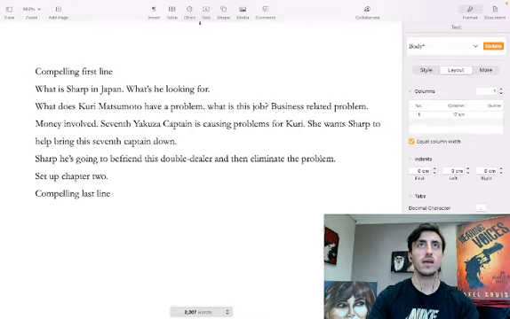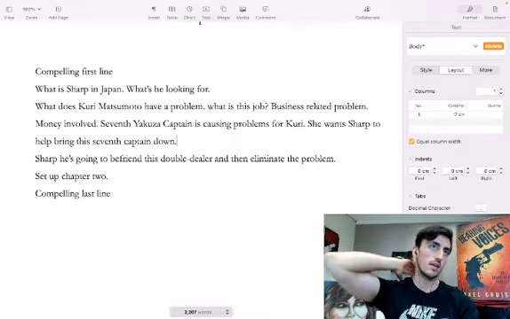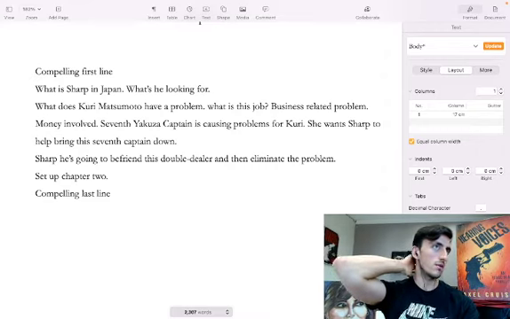So it's kind of like a double agent, secret agent, James Bondy type thing. Essentially, our guy Sharp is working for the eighth captain of the Yakuza, and he's going to infiltrate the seventh captain's territory, and that's going to be a nice rising action. If we're thinking long term here, he's going to start small.